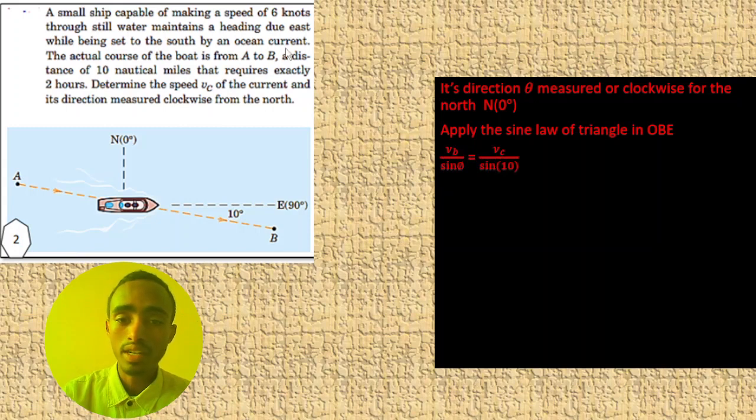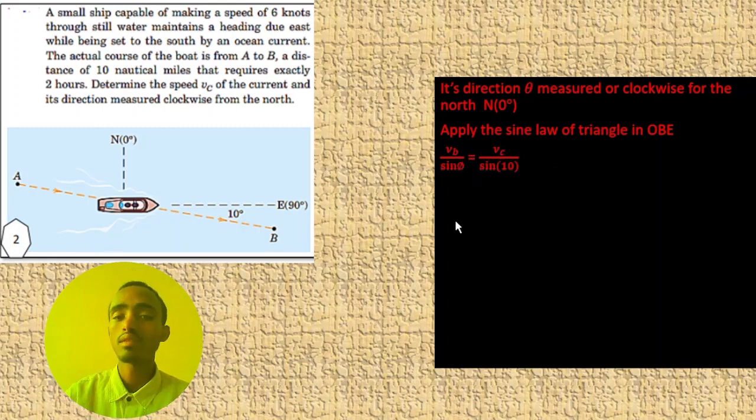Then VB over sin theta equals VC over sin 10, where VB is the velocity of B, and VC is the velocity already found before, around 1.3 something, times sin 10. Then the three things are known, so we can simply find sin theta.